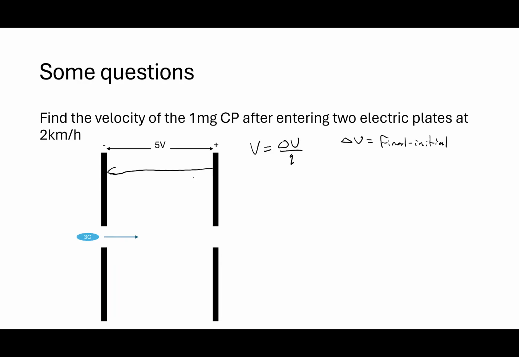We have the electric field going to the left because it's positive here and negative there. And remember, electric field always flows from positive to negative. So the charged particle will actually get slowed down by the electric field, because it's accelerating against itself.